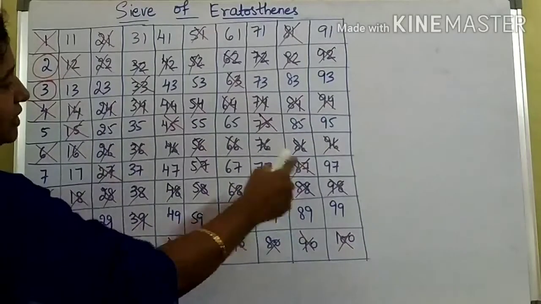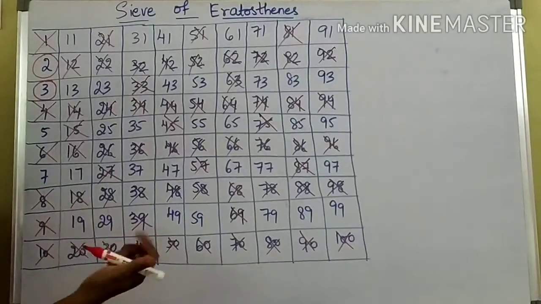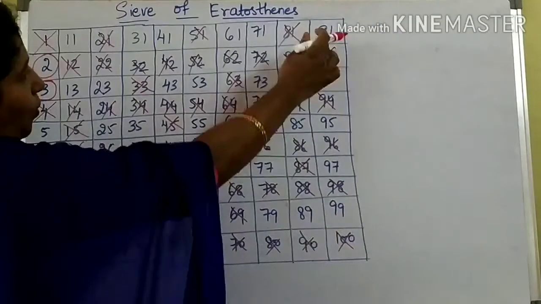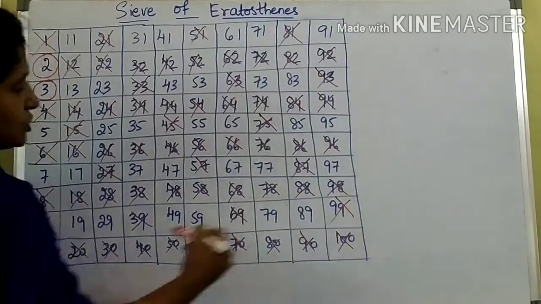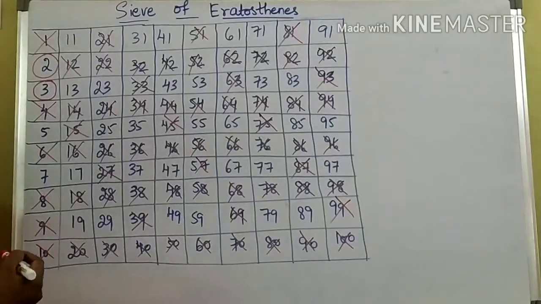You can check 87: 8 plus 7 is 15, and 15 is divisible by 3. So here I have crossed out all the multiples of 3.